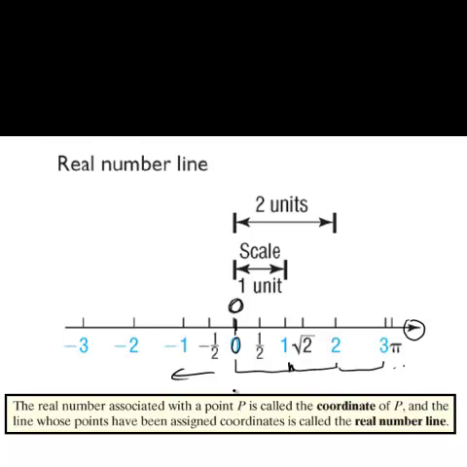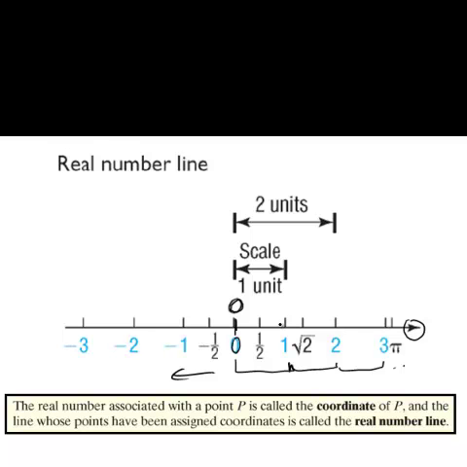Okay. Also, we can locate any other real number besides just the integers on the real number line. For example, for fractions, you just go the appropriate distance in between the surrounding integers. For example, the fraction 1/2 is going to be half of the distance between 0 and 1.